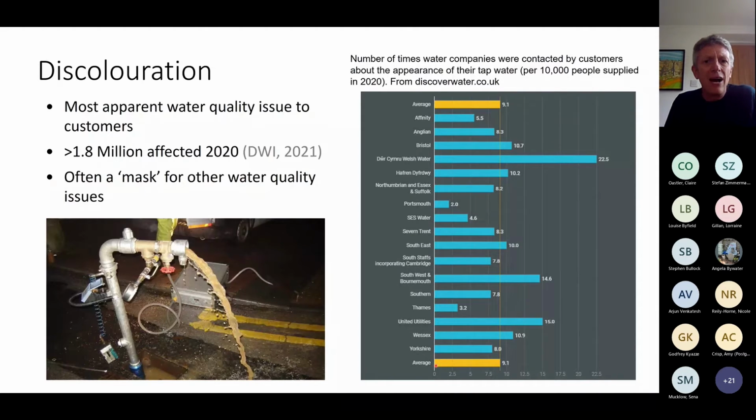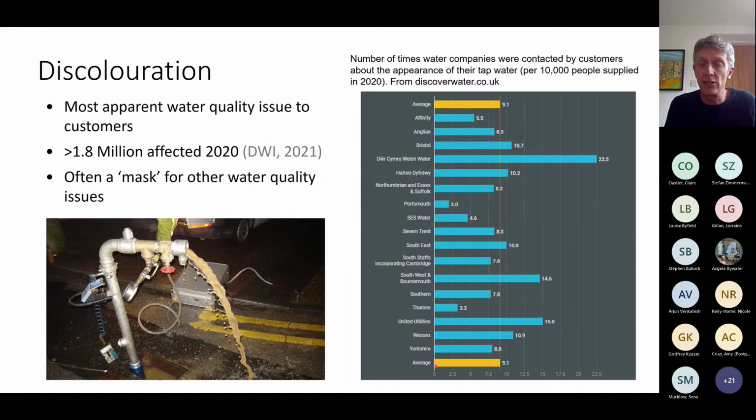What people maybe are more aware of, and what the water companies, Ofwat and DWI are quite driven by, is a more aesthetic issue, called discoloration, although it's not true colour. It is fine particulate material. The graph on the right is from a website called Discover Water. It collates and represents lots of the regulatory information the water companies have to submit.